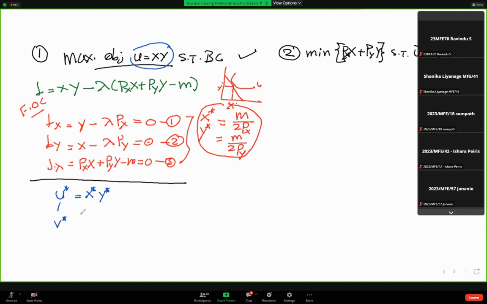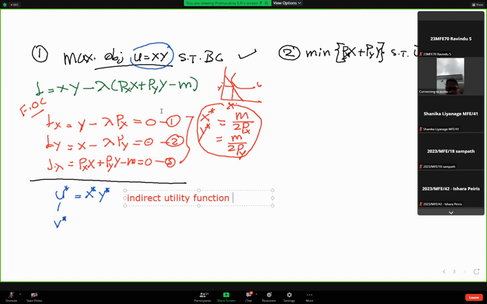V stands for the indirect utility function. So what I am trying to get here is the indirect utility function, which is also called the maximum value function.